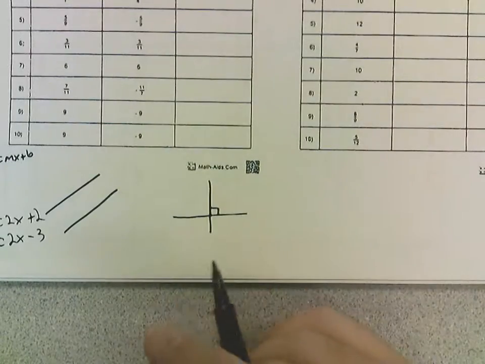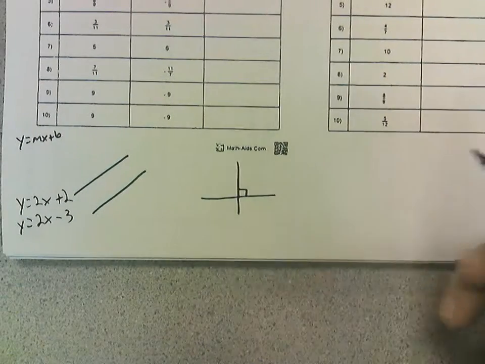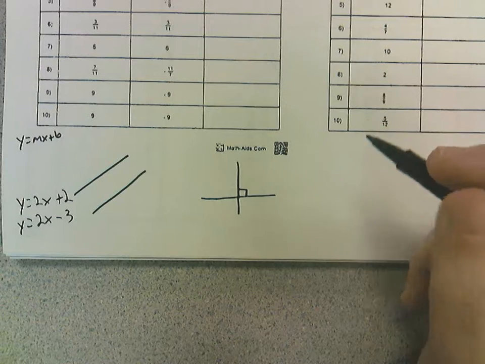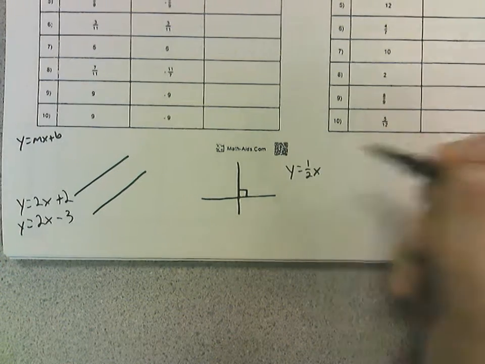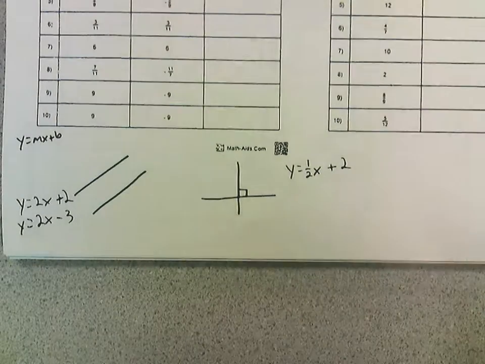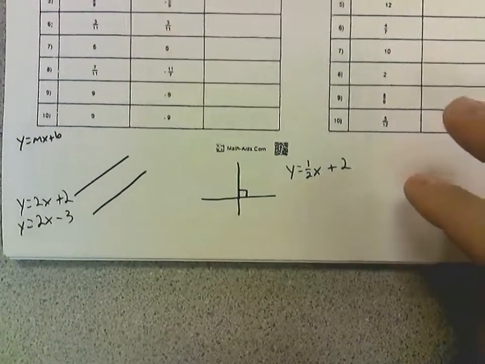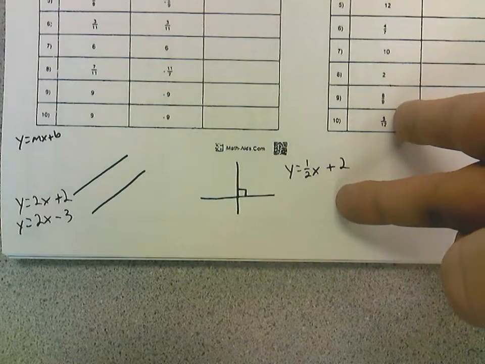Something similar happens with perpendicular lines. Y-intercept isn't that big of a deal though. But with perpendicular slopes, let's say I have y equals 1 over 2x, and then we'll just give it a y-intercept, plus 2. With perpendicular slopes, they're going to do the same thing every time. They're going to flip the fraction and then change the sign.